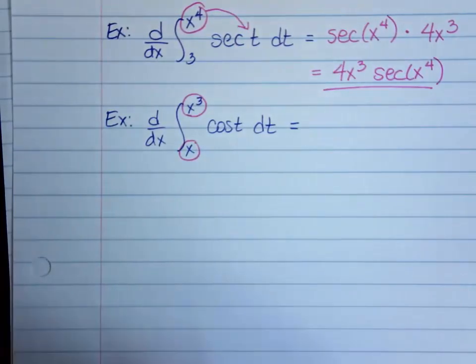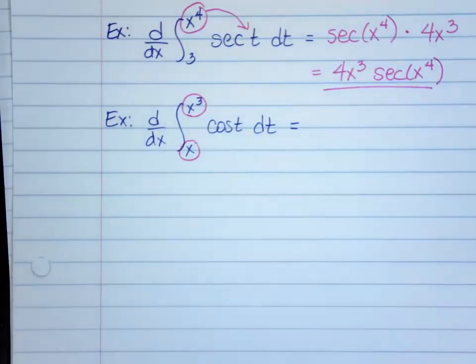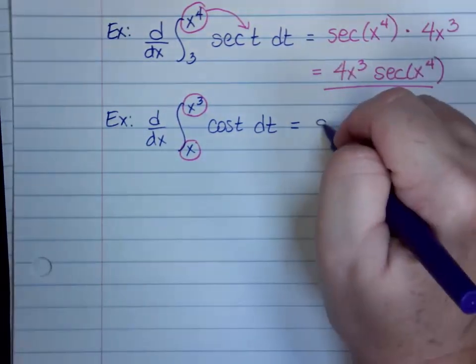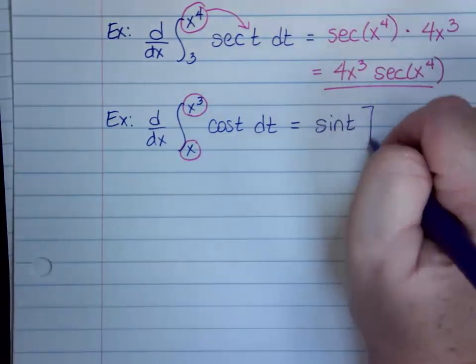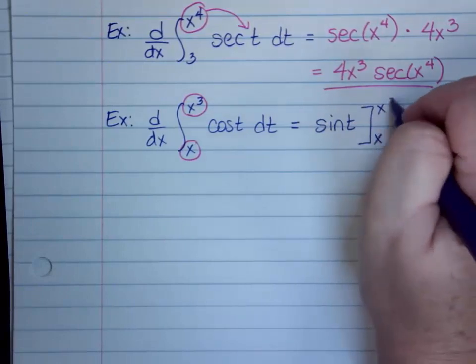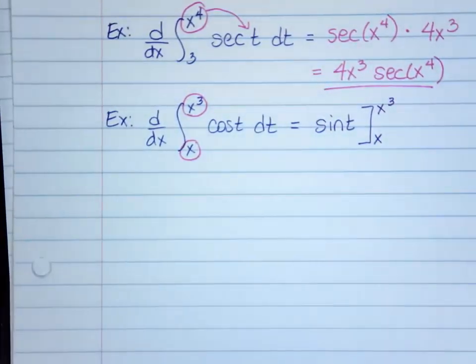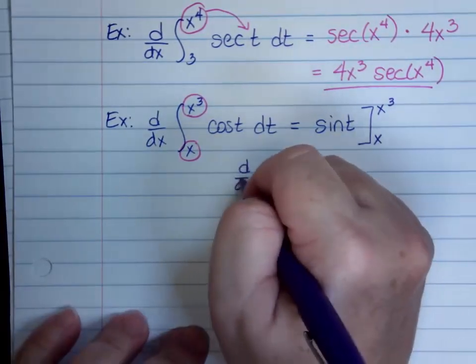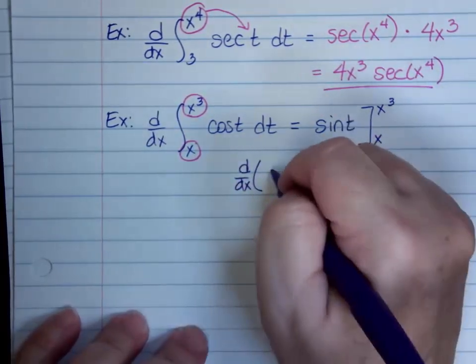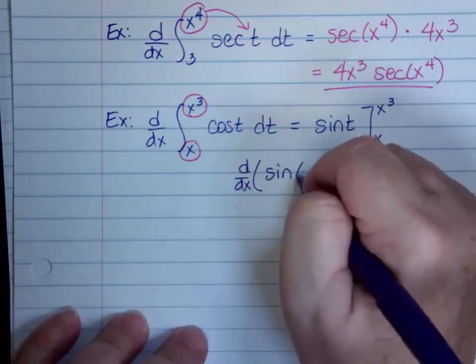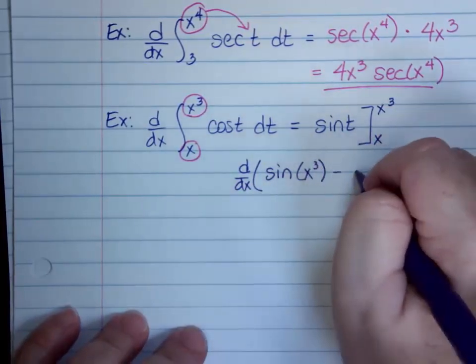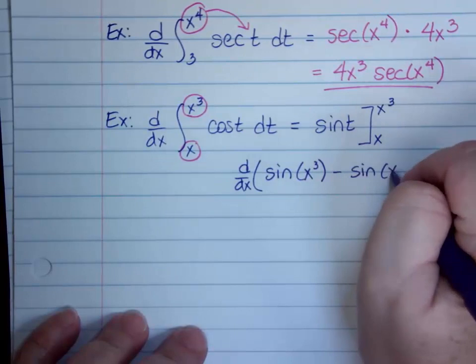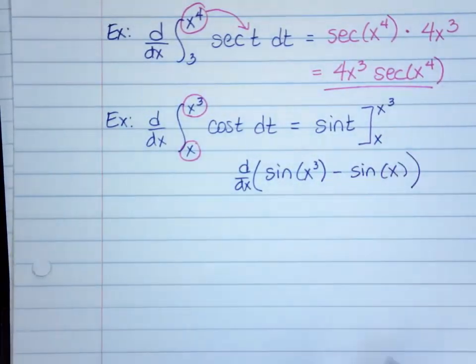We're going to do it the long way to come up with the shortcut. Long way, that becomes sine of t again, from x to x to the 3rd. So this is now d/dx of sine of x to the 3rd minus sine of x, top minus bottom.